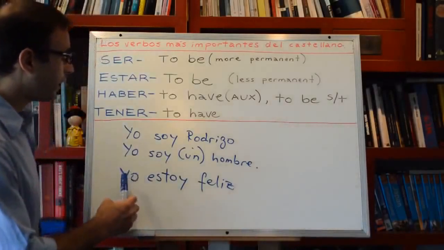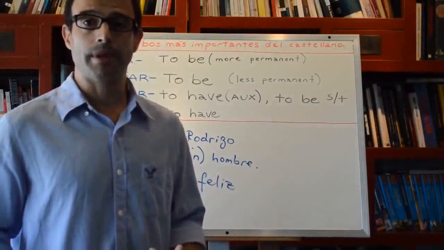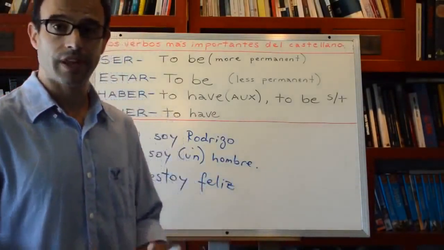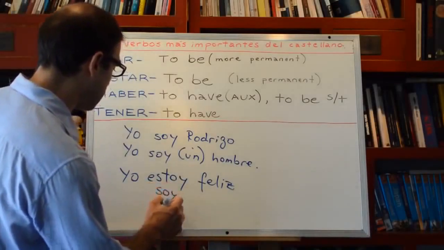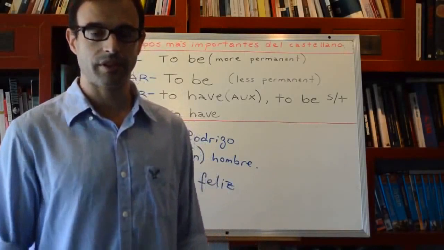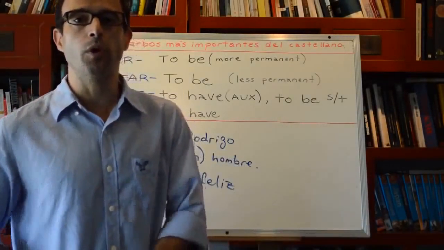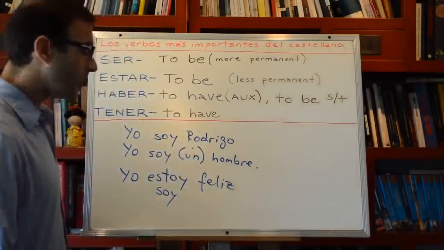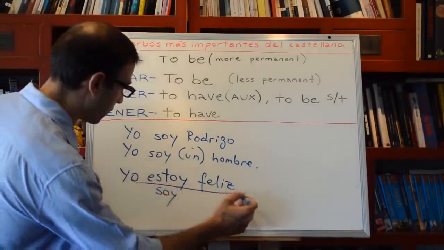So if I say yo estoy feliz, I'm saying right now I'm happy, right? This is my present state. If I say yo soy feliz, it's like saying I'm always a happy man, right? This is my state of mind. This is how I always feel, okay? So therefore we would usually use estoy for this, okay?